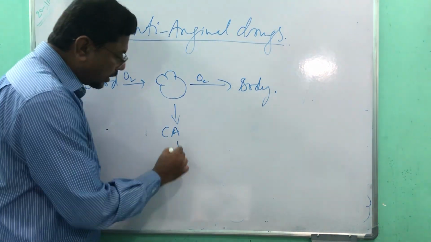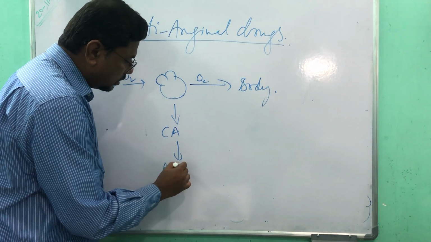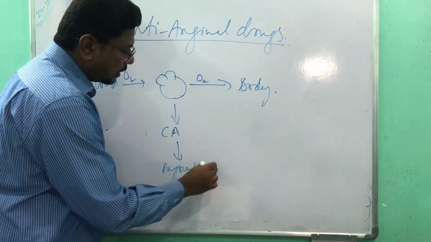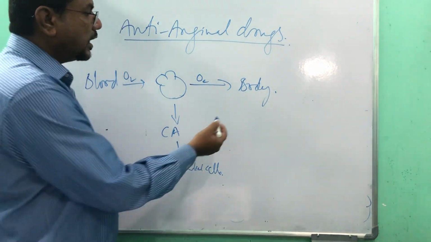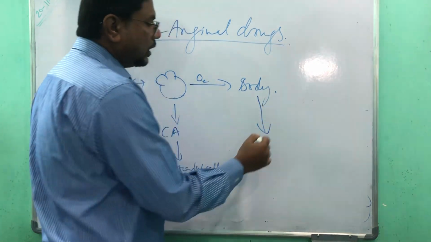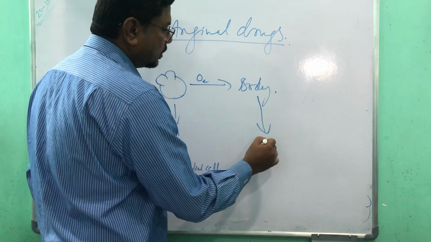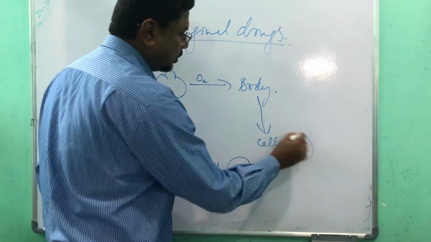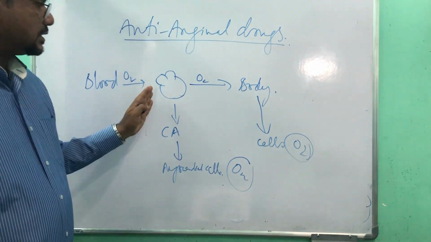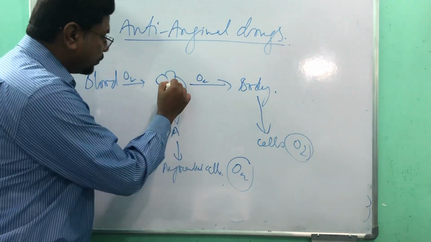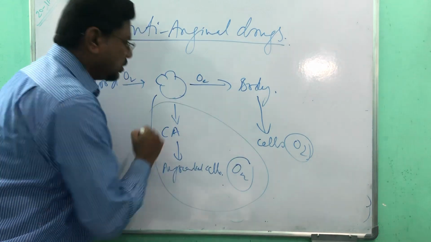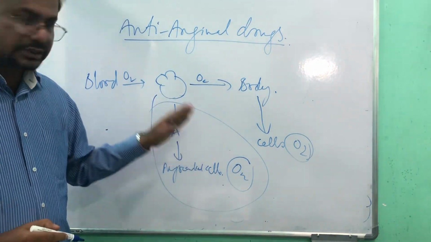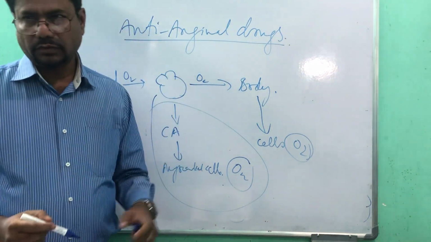The coronary artery supplies the myocardial cells, which need oxygen. All cells need oxygen, right? So when this supply is not there, especially to this area, if there is no blood, no oxygen, we get anginal pain.